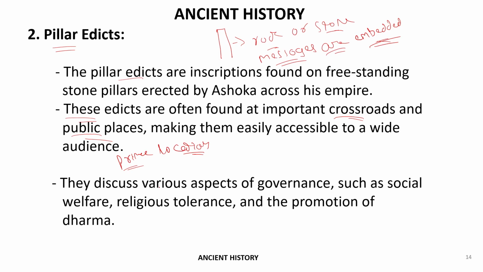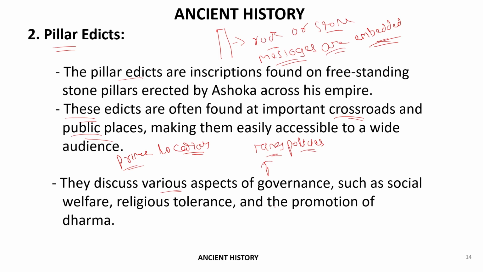Okay, they discuss various aspects of governance such as social welfare, religious tolerance, and the promotion of dharma. Okay, governance simply means the king's policies, the policies adopted by the king for the people of this nation, particularly the Mauryan Empire.